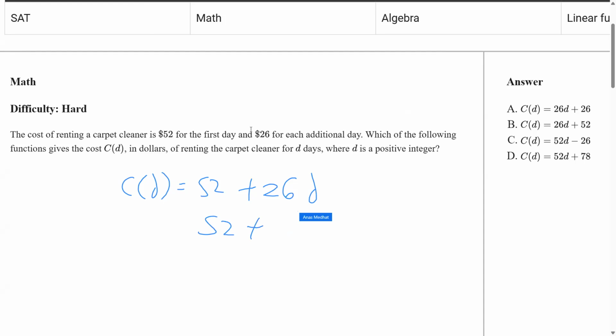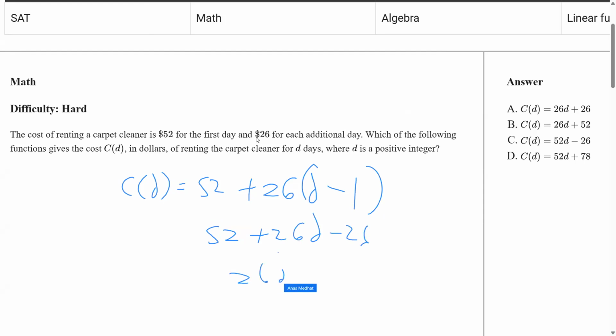So you will write it as D minus 1. So the first day will give you 52. And then solve. So 52 plus 26 times D minus 26 will be 26 times D plus 52 minus 26, which is 26. So the answer is A.